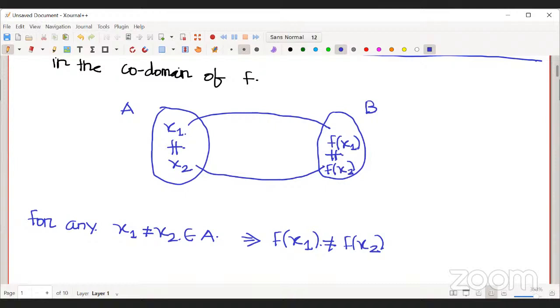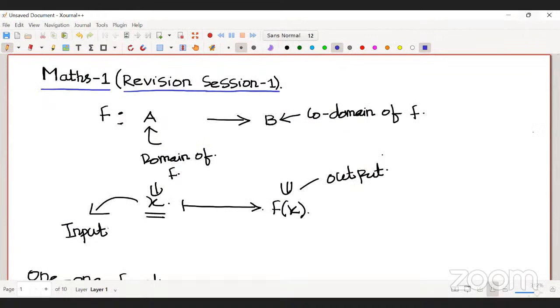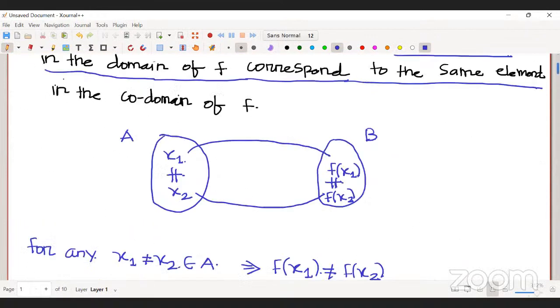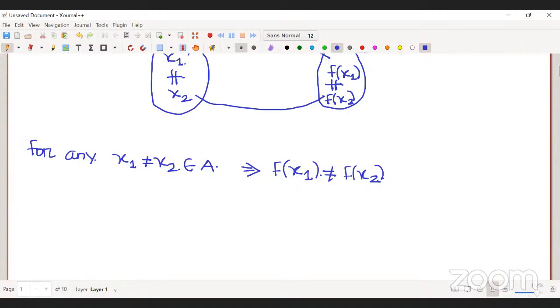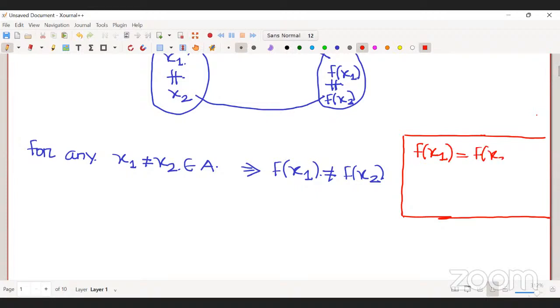There is another way to write down the same thing: if f of x1 is the same as f of x2, that means x1 is equal to x2.